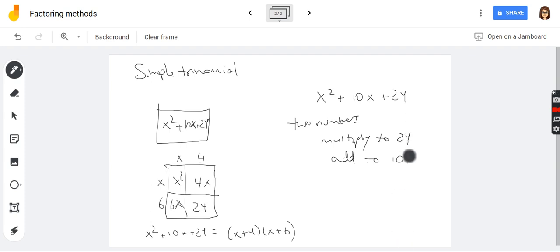Now, if you're still kind of stuck on this or trying to remember the rule, just remember why the two numbers that you pick multiply to 24 and add to 10. That's exactly why. So the area model shows you why this rule applies.